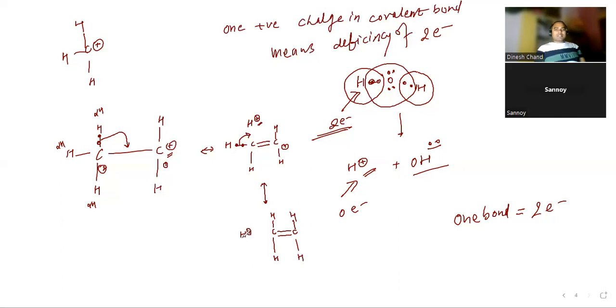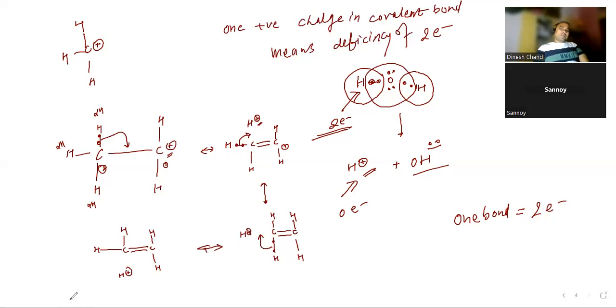So the positive charge is here. Next case, these 2 electrons are going to take the position here. So now check what will be here. It will be H, this is C, this is H, double bond C, here is H, here is H, and this is the positive charge.